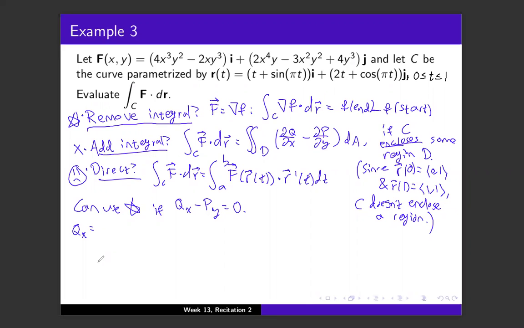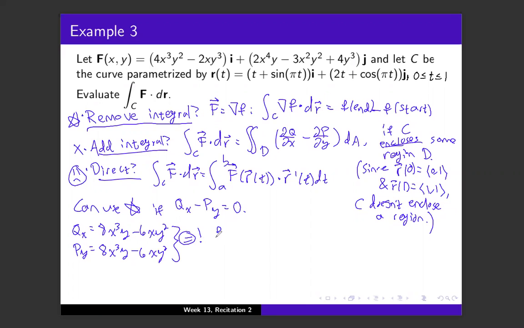Qx in this case is going to be 8x cubed y minus 6x y squared, and Py, meanwhile, is going to be 8x cubed y minus 6x y squared. Aha! These are the same. And because those are the same, you can hit this with the fundamental theorem of line integrals as soon as we find our potential function.